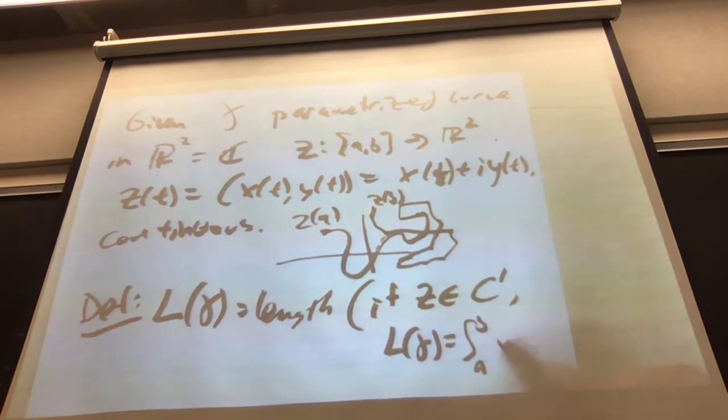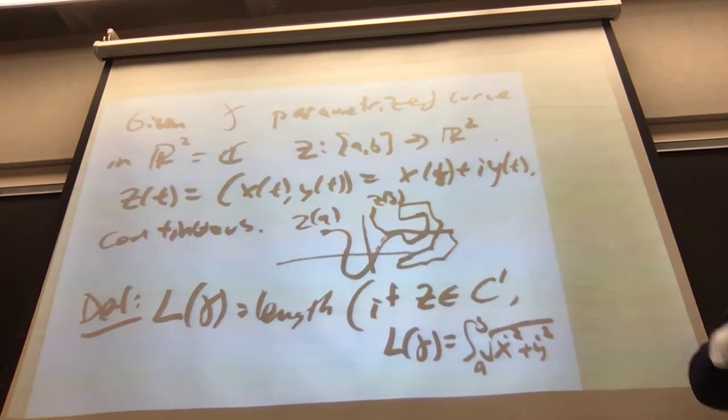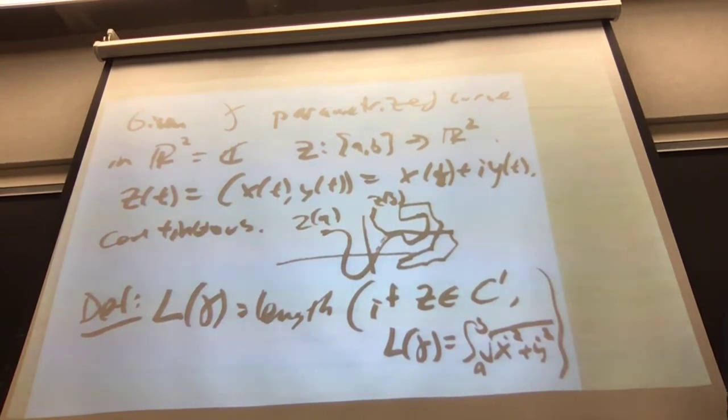So that's the square root of x dot squared plus y dot squared. Little bits of arc length, that is the arc length integral. That would be nice. But I never said it was differentiable, so x dot doesn't have to exist.